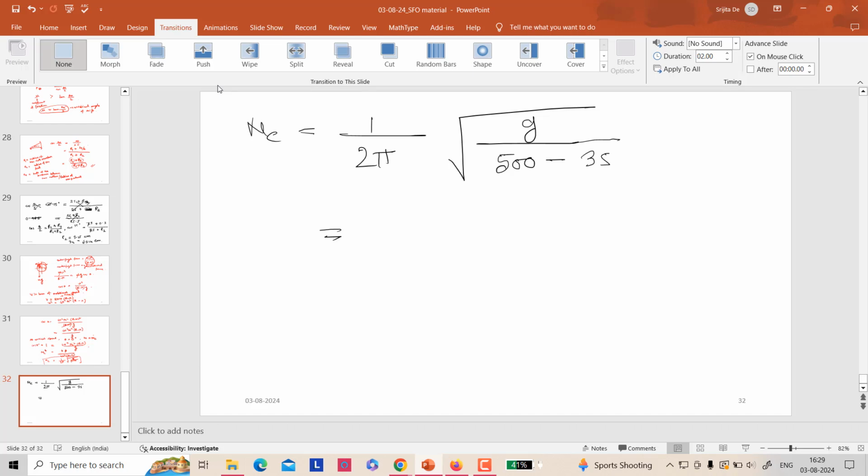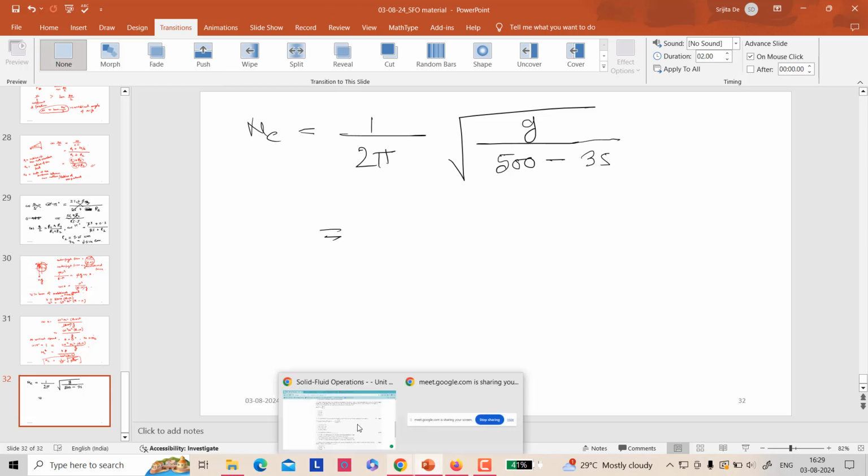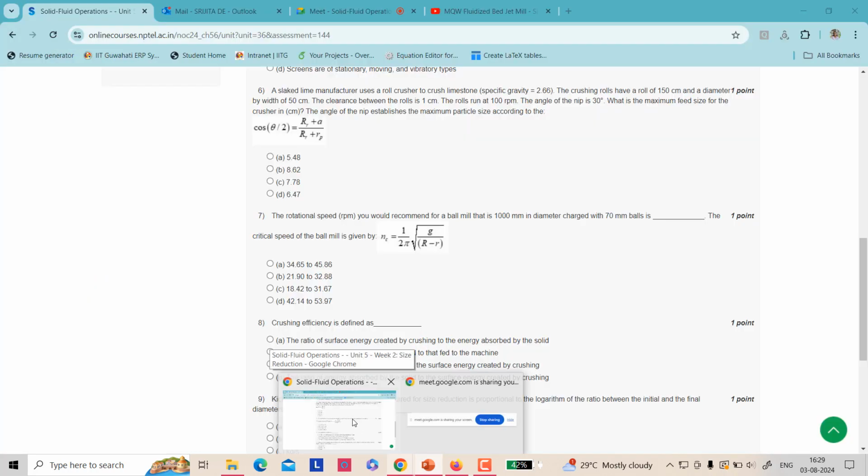It is 500 minus 35, with g as 9.81. The rotational speed, rotation per minute, they said, right?